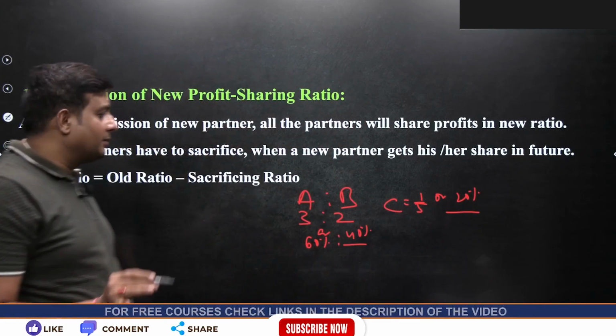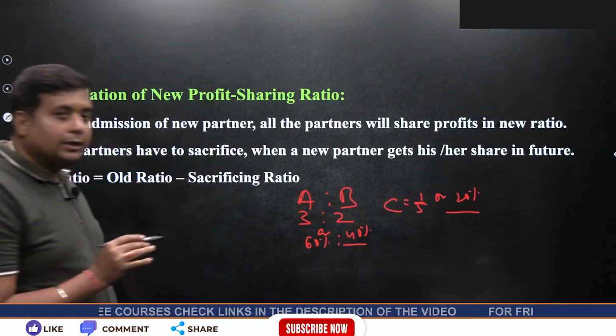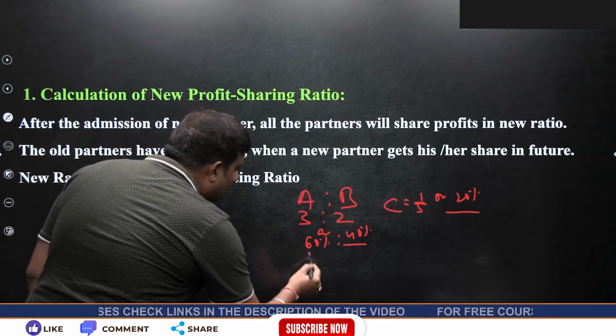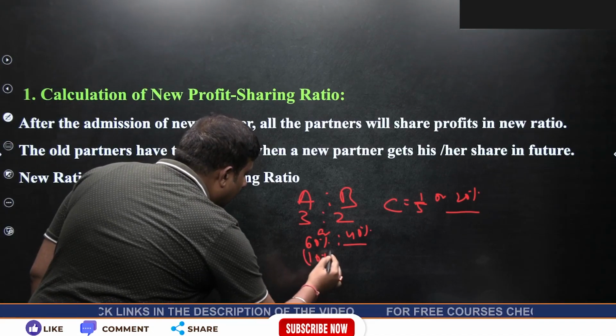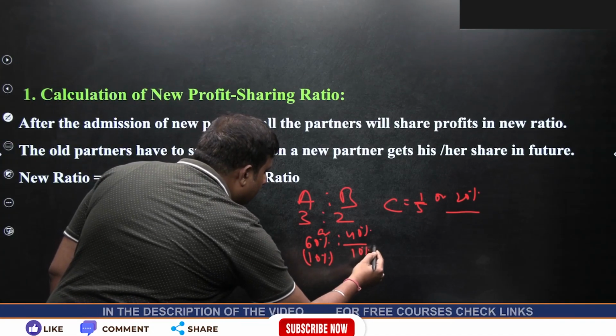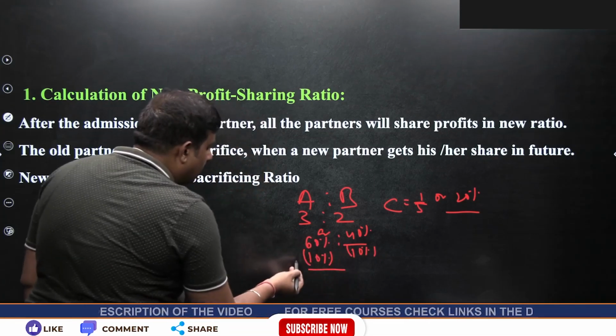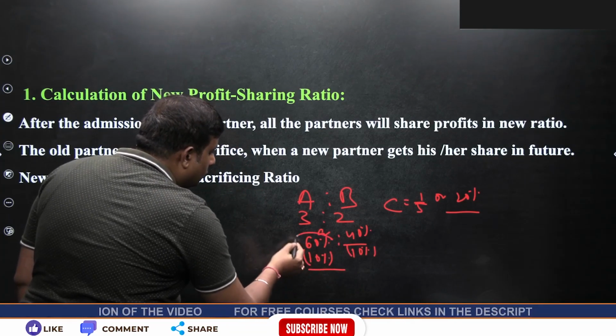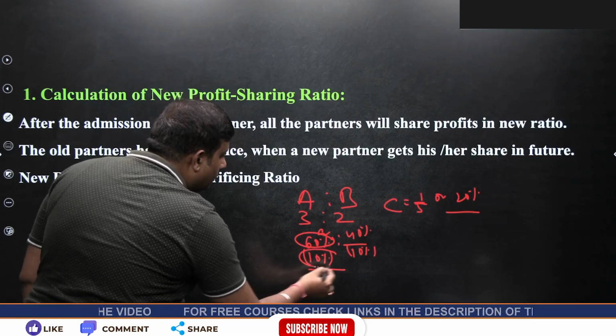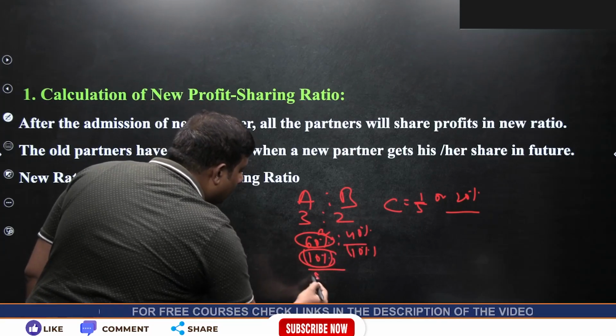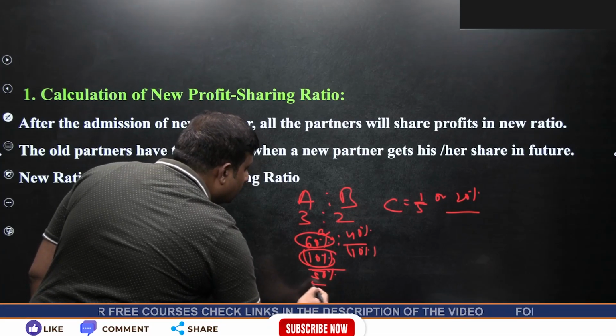Let's take a basic example that for his 20%, he is supposed to get 10% from A and 10% from B. Now you can easily notice that earlier A used to have 60%, after giving 10% he comes down to 50% of the total share.